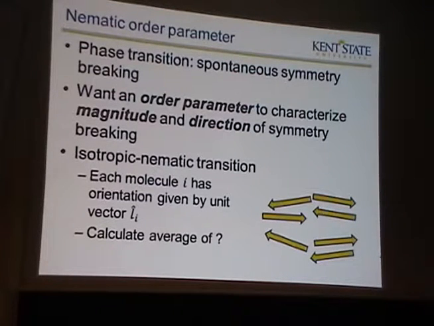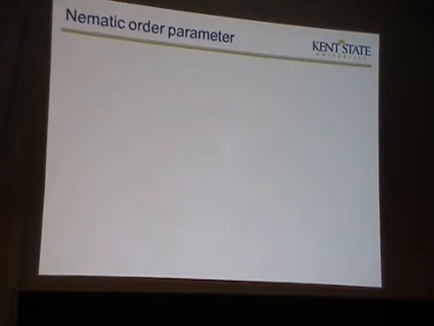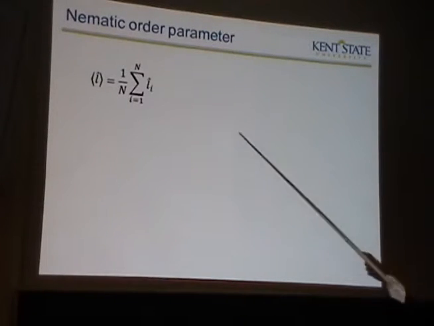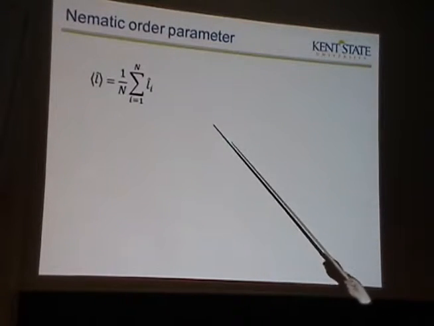Okay? And now if we want to know about the statistical properties of this distribution, we want to calculate the average of something. So now the question is, what do we want to calculate the average of? The first guess that you might have, if you're accustomed to magnetism, might be, let's calculate the average of all these unit vectors.